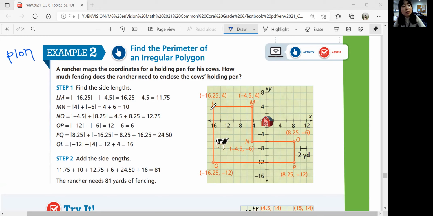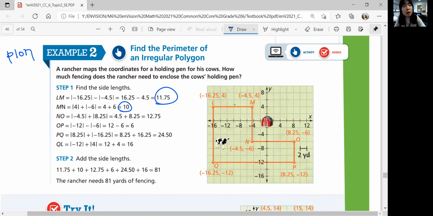So we're going to look at these points and figure out the distances for all the different sides and just add them in order to get the total perimeter of this polygon. Okay, so using your knowledge to figure out the distance between 2 points, you figure out the distance between 2 points for every single line.